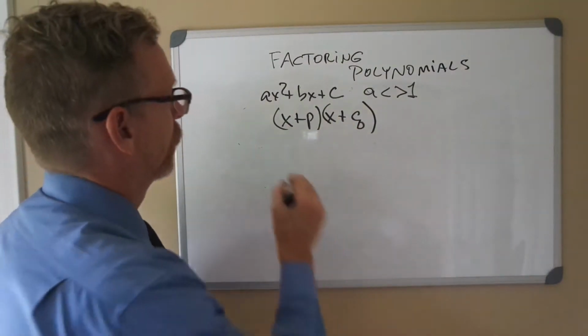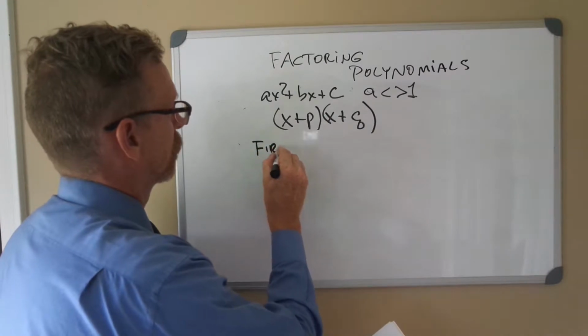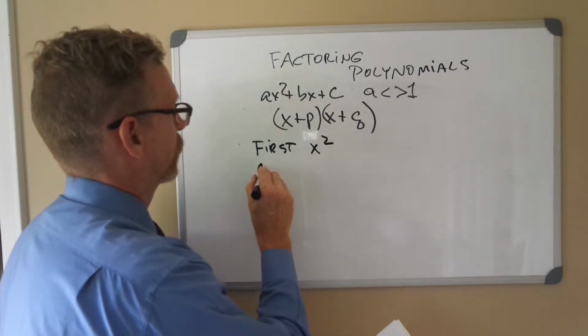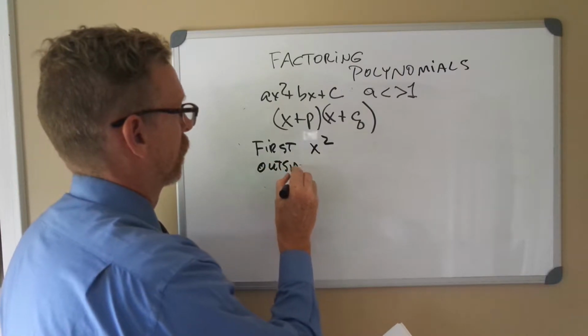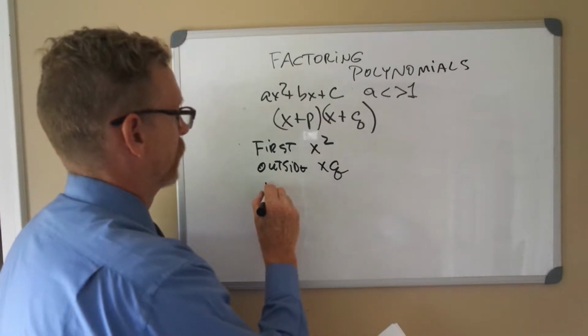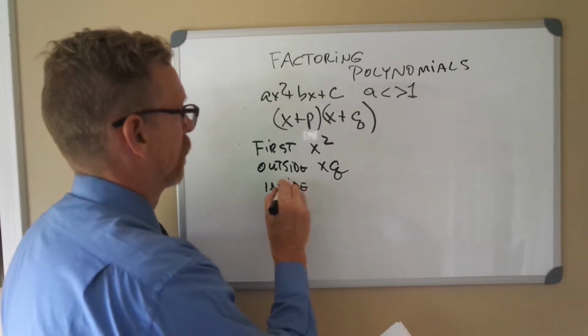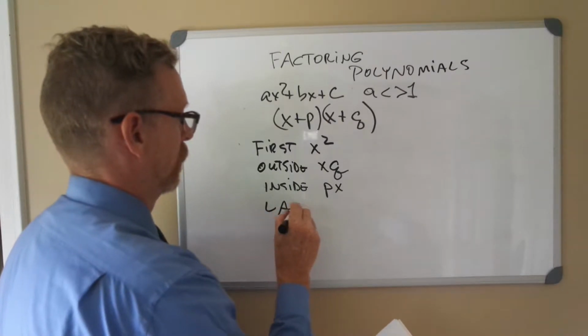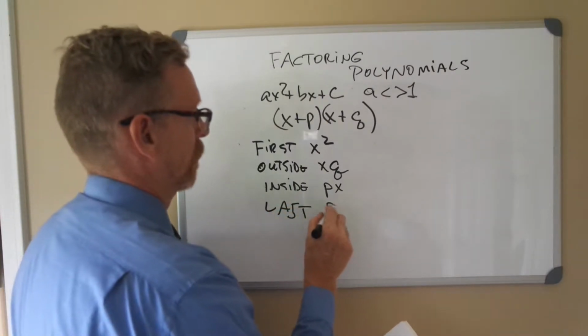we would get, for our first, x squared. For our outside, qx. For our inside, px, and for our last, pq.